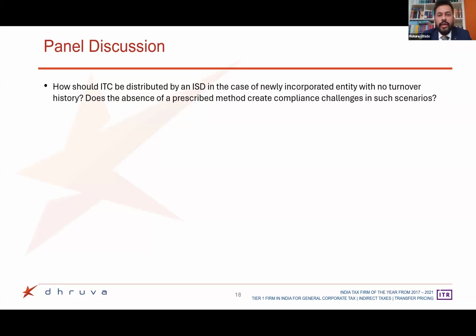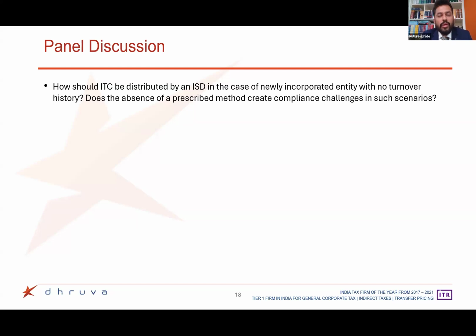Okay, the next question I have is about manner of distribution. If we see Rule 39, it very clearly says that I have to use my turnover of the previous financial year as a basis for distribution of credit.